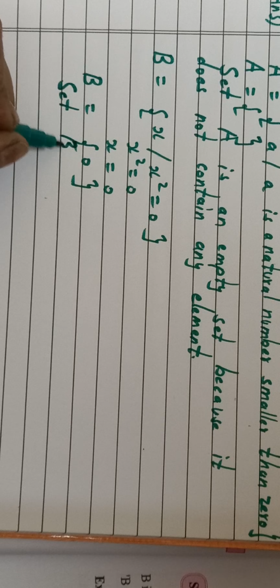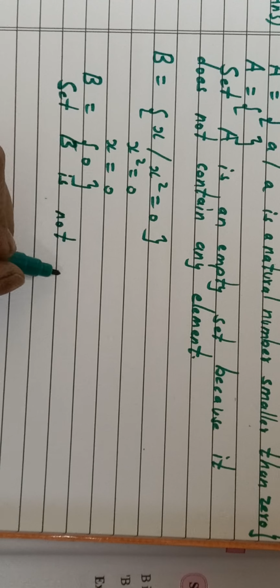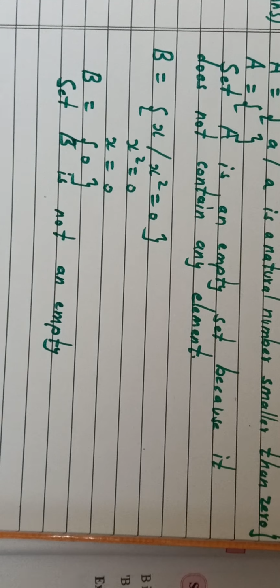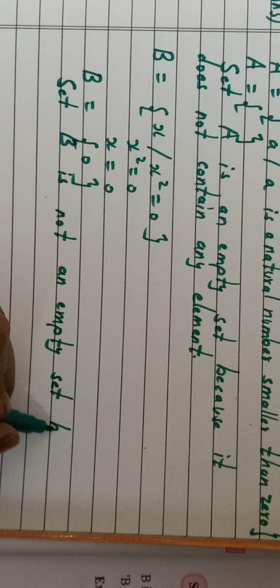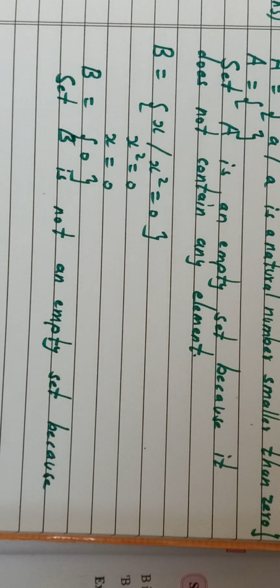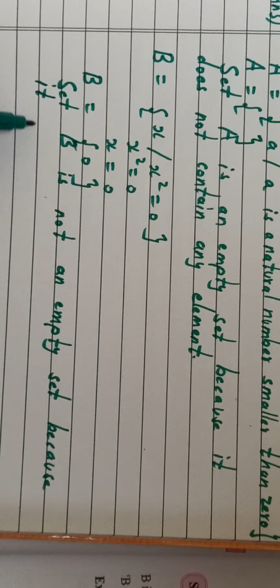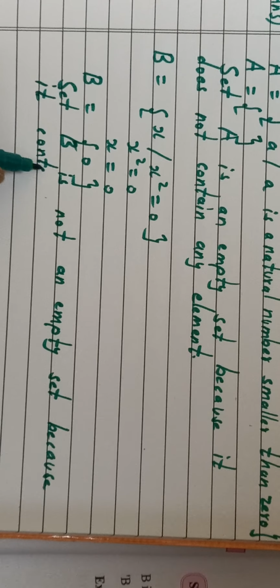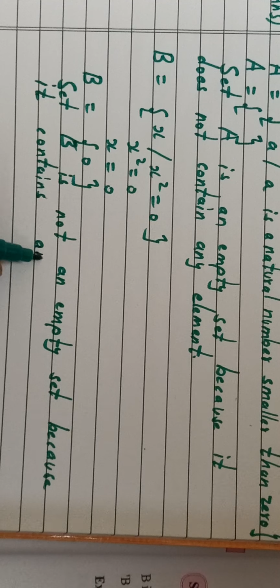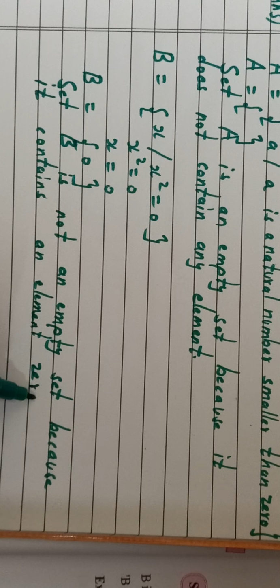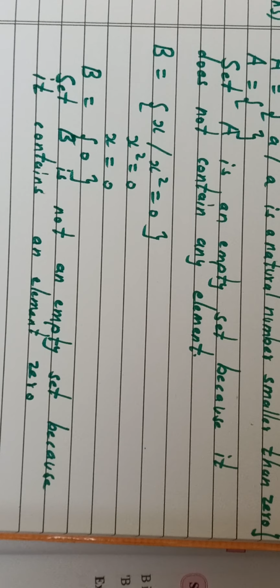Set B is not an empty set, because it contains an element 0. We are writing the reason that it is having an element 0.